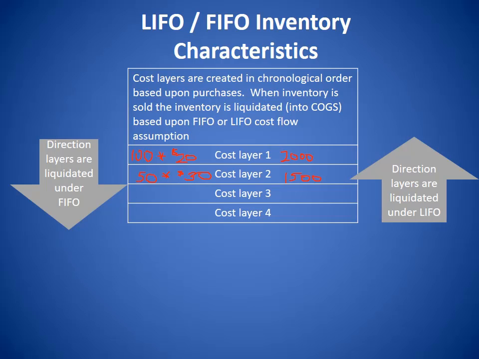Now let's assume I buy another 30 units, and in this case the price has gone up to $40. So when I take the 30 units times the $40, my total cost is going to be $1,200.